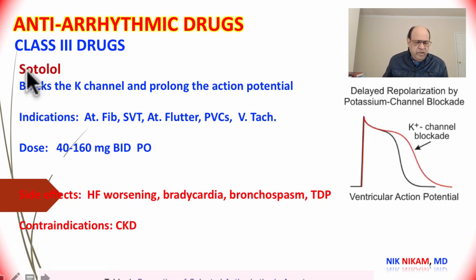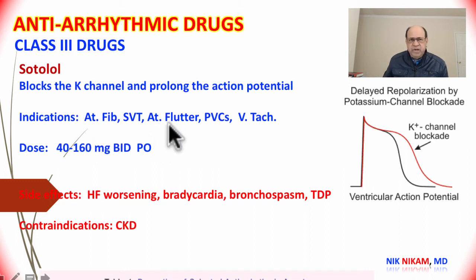So the drugs in this category include Sotalol, which blocks the potassium channel and prolongs the action potential. Sotalol is useful in patients with PVCs and ventricular tachycardia or supraventricular tachycardia.